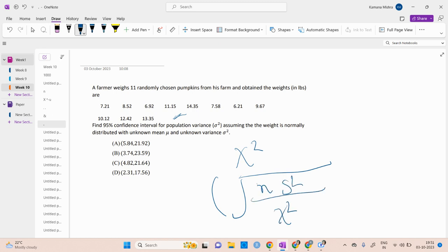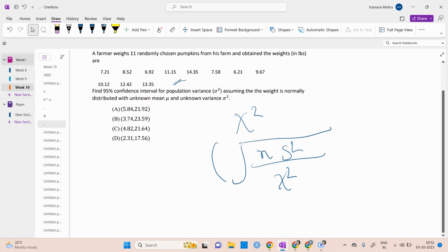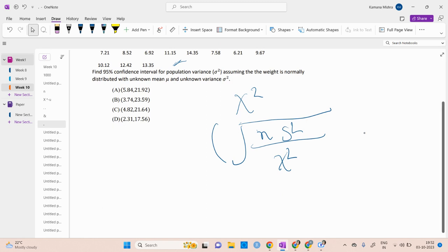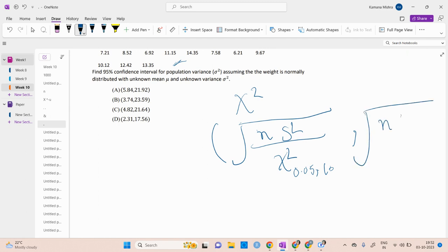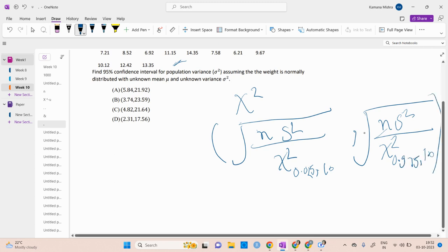So we use the chi-square statistic, and the confidence interval is n s square divided by chi-square alpha by 2, so for 95% confidence it will be 0.025 with n minus 1, which is 10, degrees of freedom, and n s square divided by chi-square 0.975 comma 10, right?